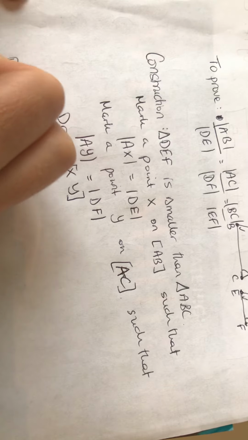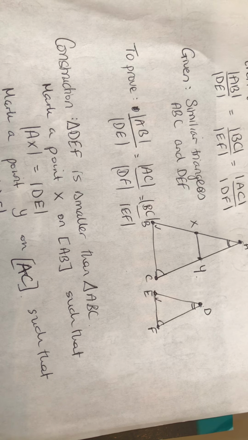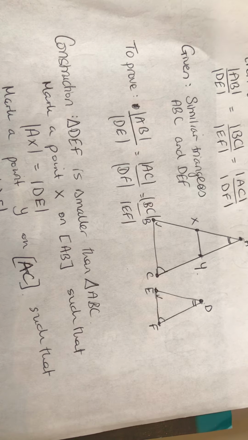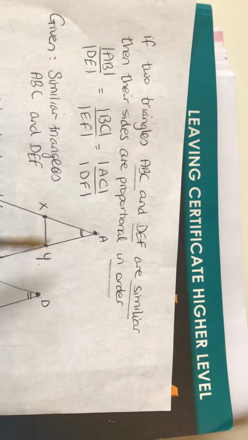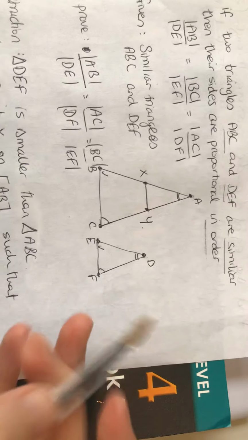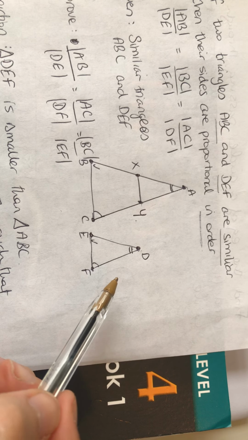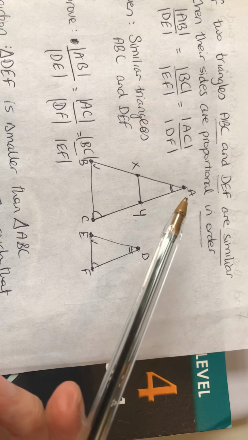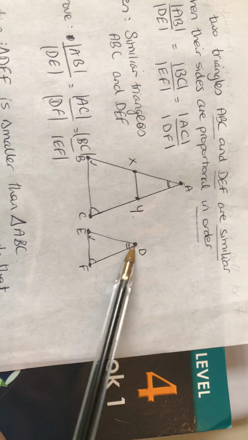Proof. So AXY is congruent to DEF. So they are the exact same triangle. How do I know that? That angle is the same as that angle, that side is the same as that side, and that is the same as that side.